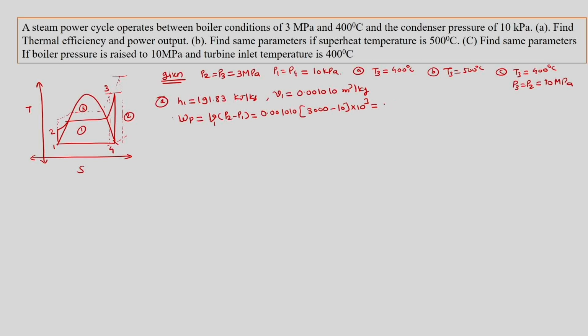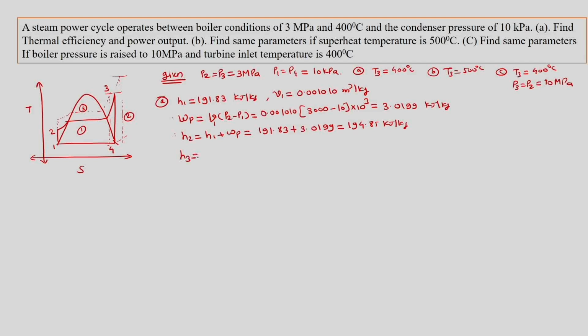So pump work will be 3.0199 kilojoule per kg. So H2 is equal to H1 plus Wp, so we have 191.83 plus 3.0199, and this gives us 194.85 kilojoule per kg. This is our H2.